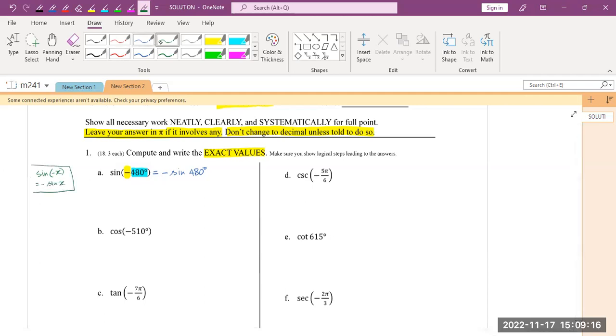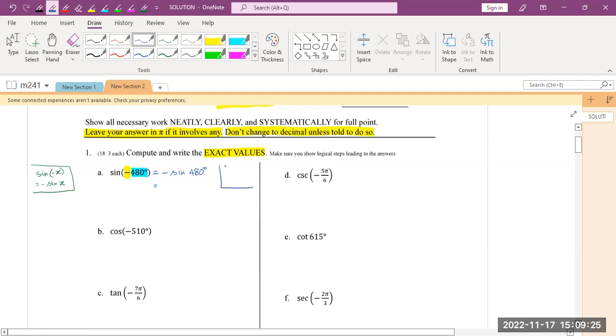And then next, 480 degrees is more than 360 degrees. Now, 480 degrees is coterminal with, you subtract 360, 120 degrees, right? So this equals negative of sine 120 degrees. Now, 120 degrees is in quadrant 2.